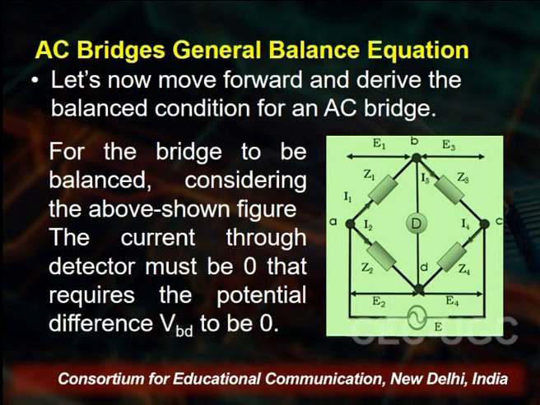Moreover, currents I1, I2, I3, I4 are flowing, and the current through the detector must be 0. That requires the potential difference VBD to be equal to 0.